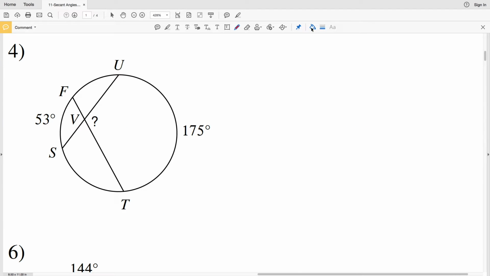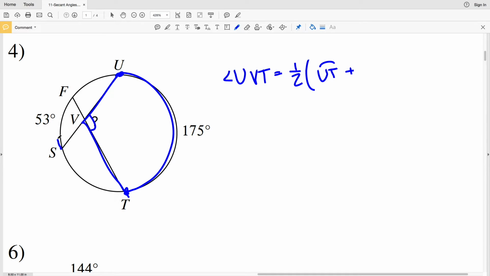In number 4, the intersection occurs within the circle. So this angle UVT is equal to half the sum of the intercepted arcs, which is arc UT plus arc SF.